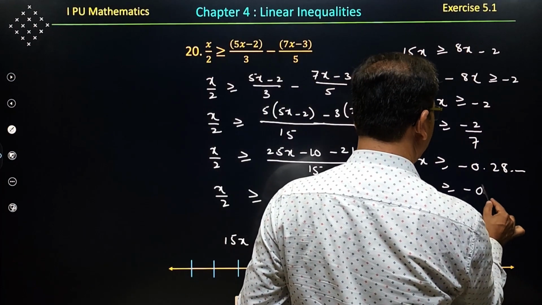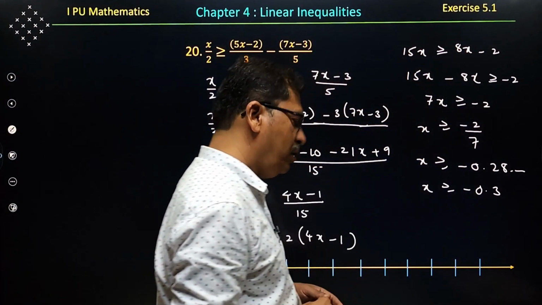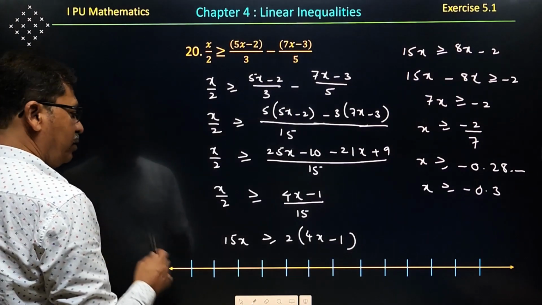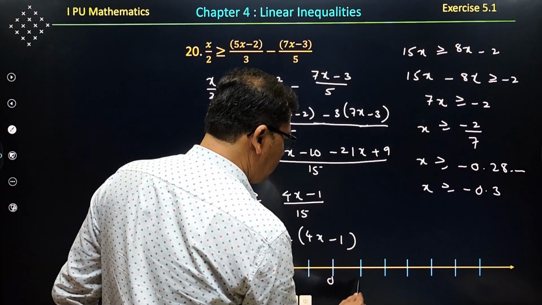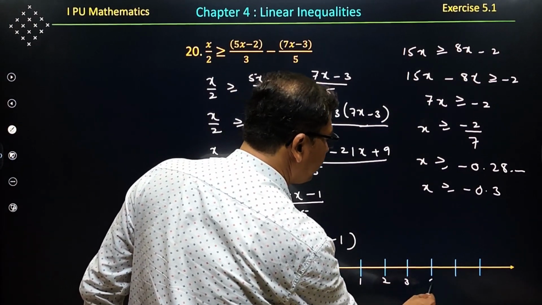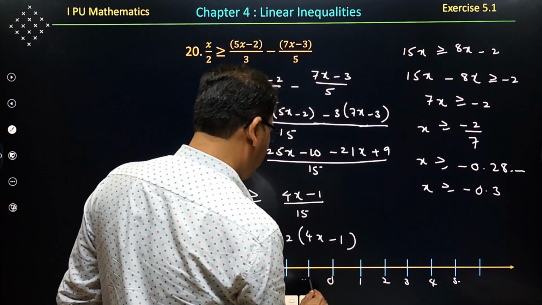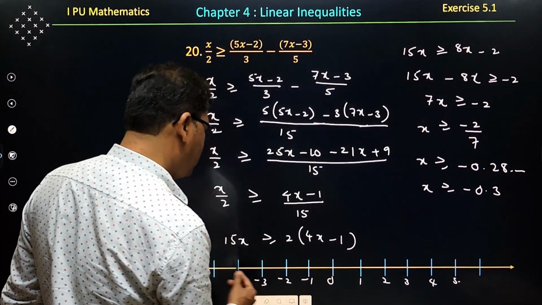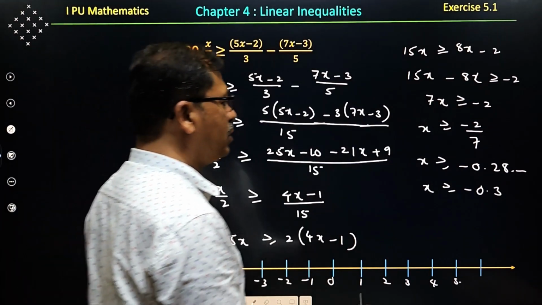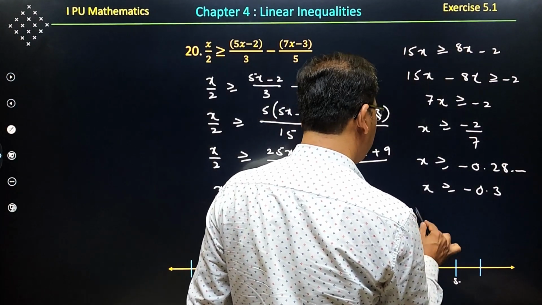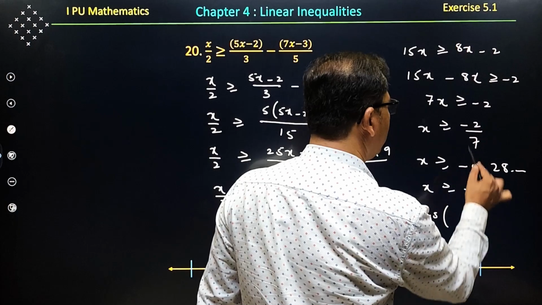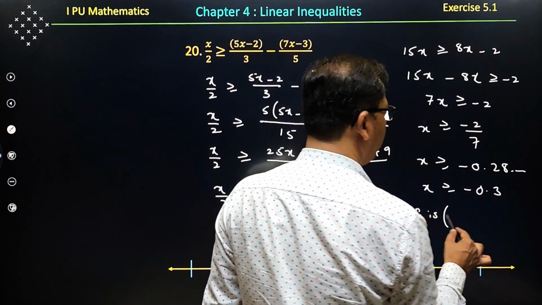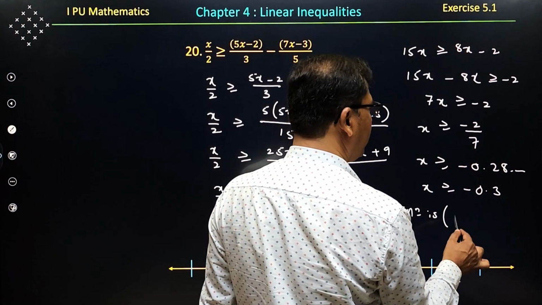See, this is the 0, this is 1, 2, 3, 4, 5, minus 1, minus 2, minus 3 and so on. Therefore the solution is x greater than or equal to minus 2 by 7.